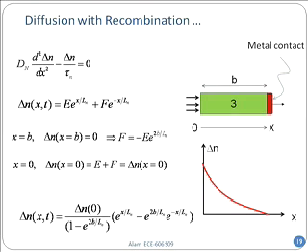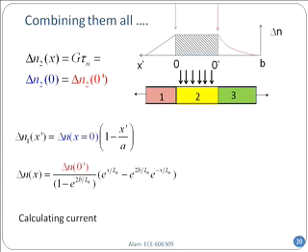So I got mobility, and through Einstein's relationship I got D, and from D I was able to calculate. And tau sub n, number of traps, the capture cross section, the thermal velocity. From all those things I know, and therefore I can calculate L sub n, and this whole thing is known except this delta n. And delta n I will find by stitching the solutions together in various places.